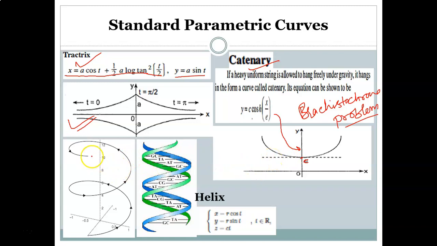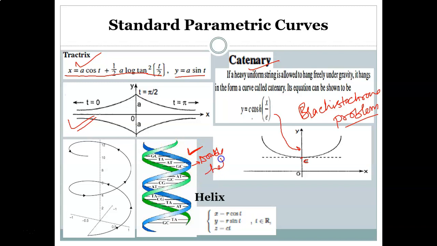Again the helix. The helix is this type of curve. Generally, for helical structures, the DNA is important, because human DNA has a helical structure, a double helical structure. This is basically a double helix.